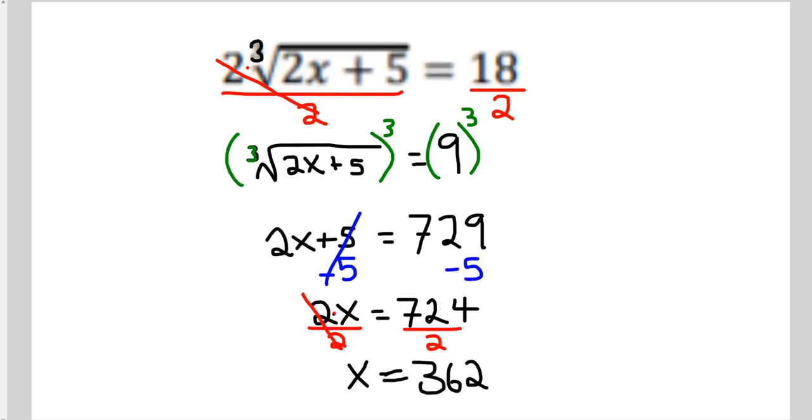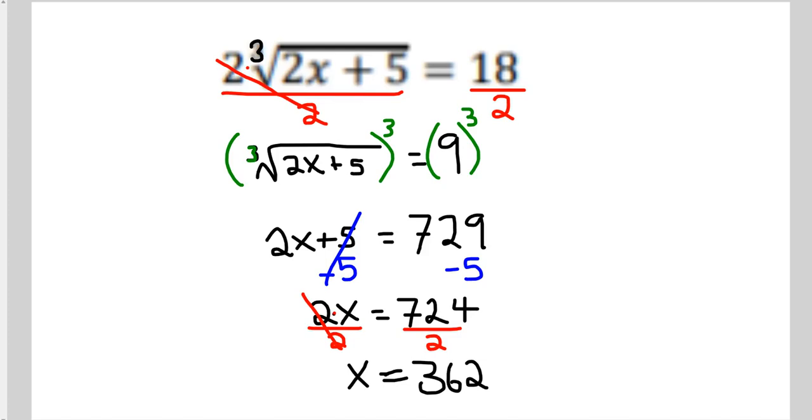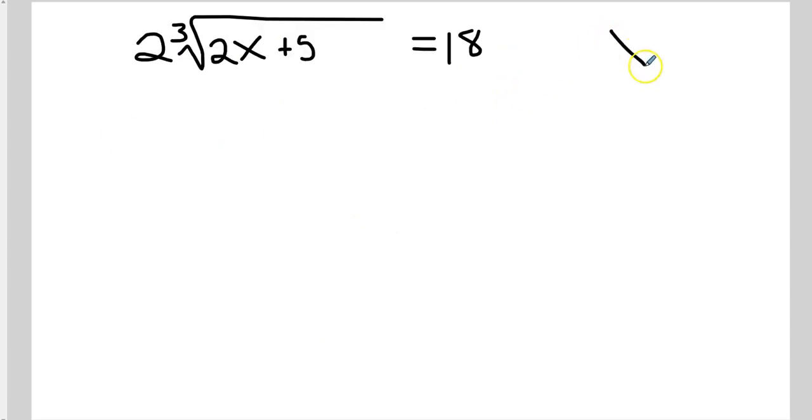We have our 2 cubic root of 2x plus 5 is equal to 18. And I want to check for extraneous solutions for x is equal to 362.